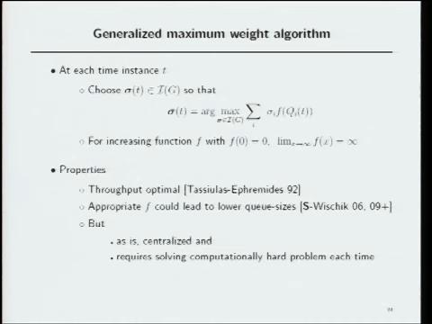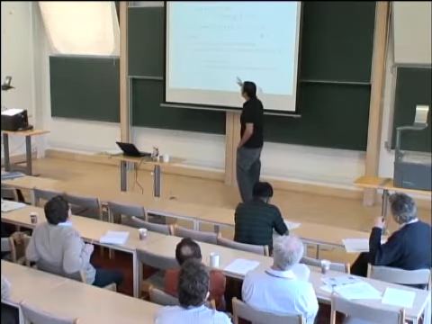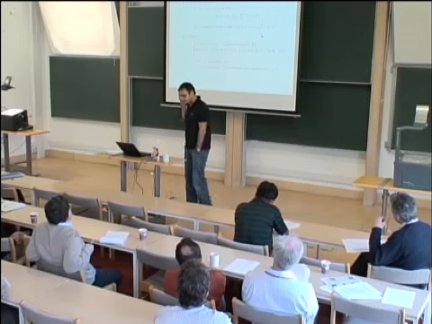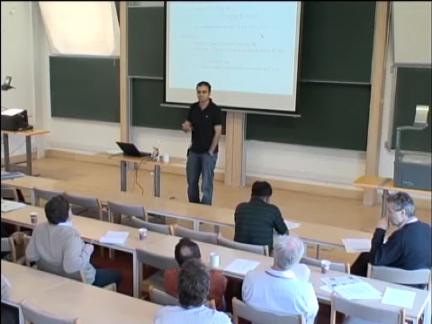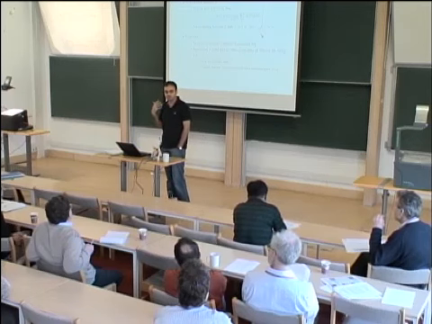However, it is not a simple algorithm. It is complicated. It is centralized the way I described, and in general, for the purpose of this model, it's trying to solve this max weight independent set problem every time, which is a hard problem, as we know. So it's unlikely that this algorithm has any use.